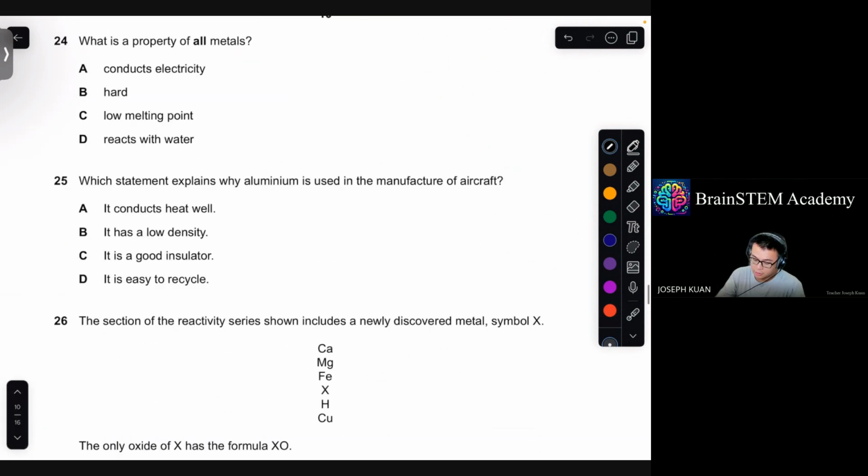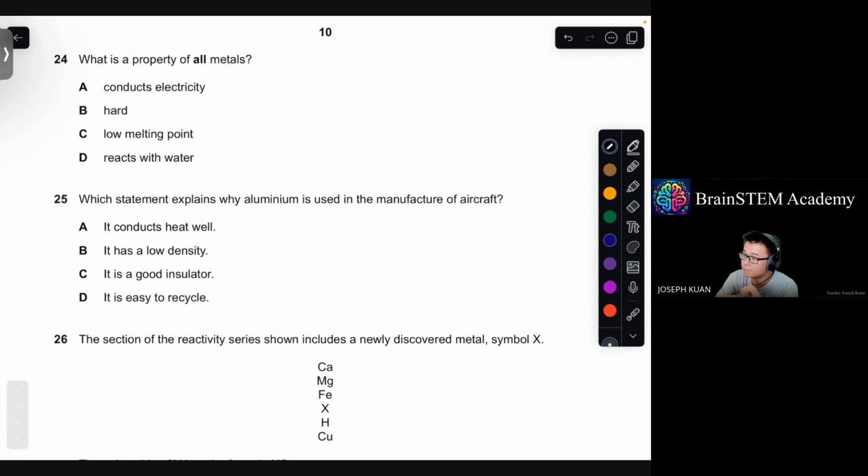Okay, moving on to question 24. What is a property of all metals? So you have options: conduct electricity, hard, low melting point, and reacts with water.